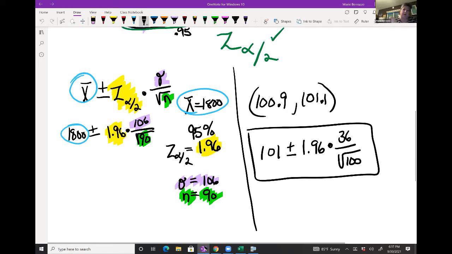All of this, by the way, just for the record, all of what I'm about to highlight here in yellow, is your margin of error. I'm going to explain that real quick.